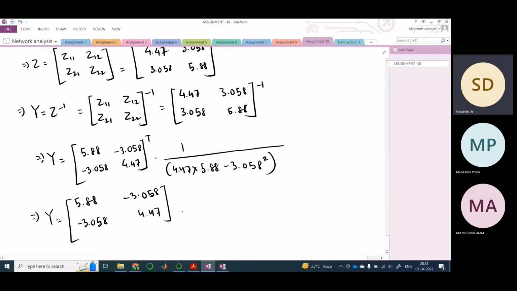So can anyone tell me what is this value, 4.47 into 5.88 minus 3.058 square?